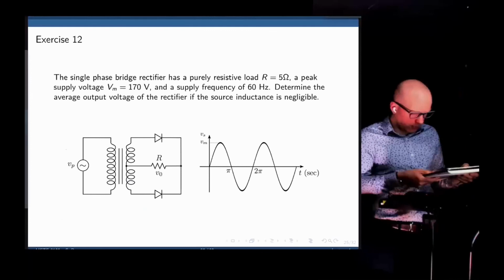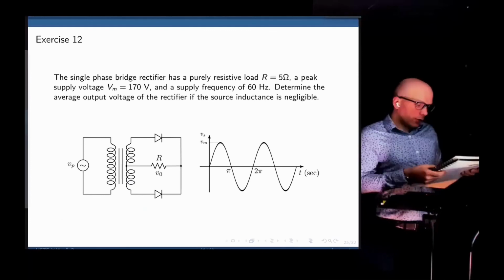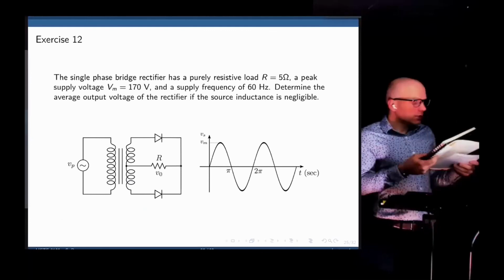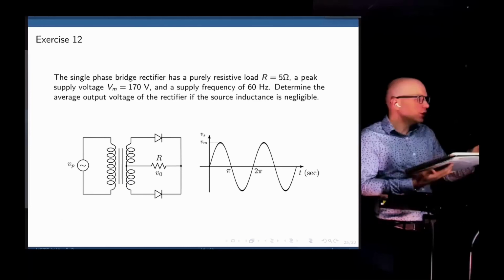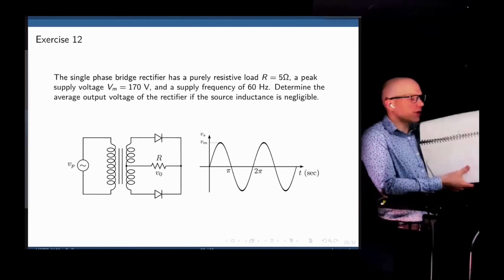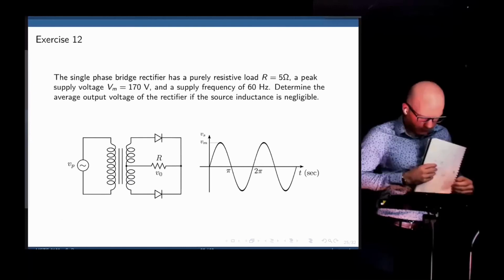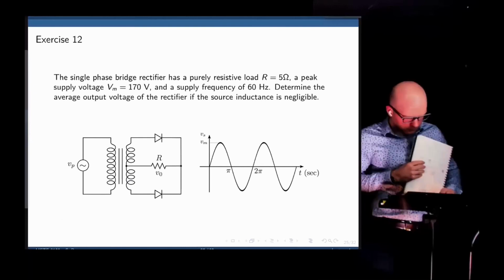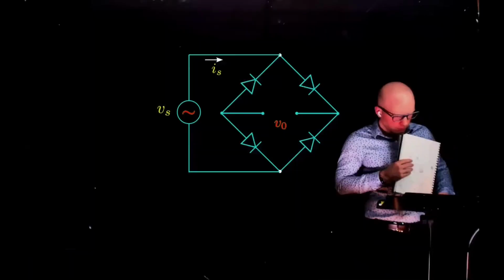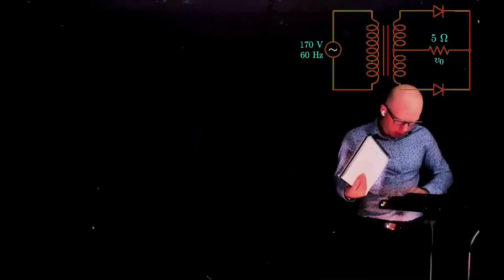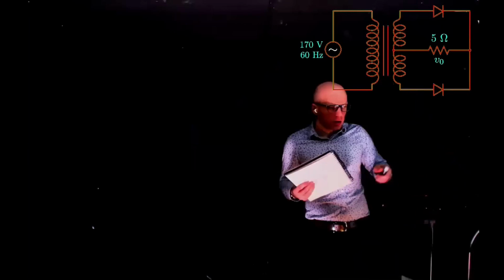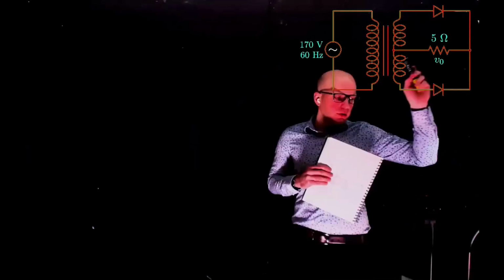So this question has a lot more information than we need. We have an input of 170 volts at 60 hertz and a load of 5 ohms. The question is, what is the average voltage V0?